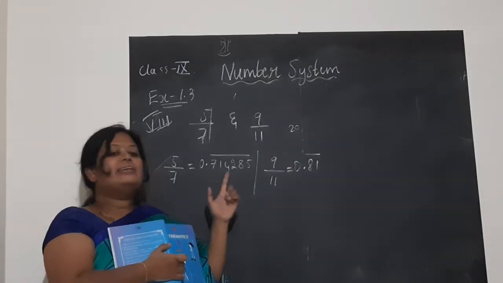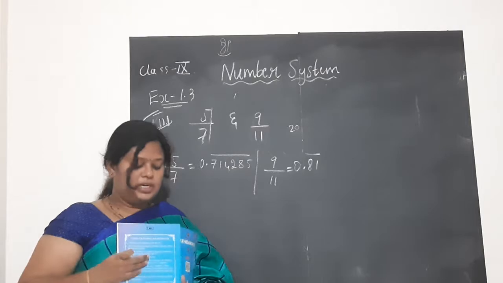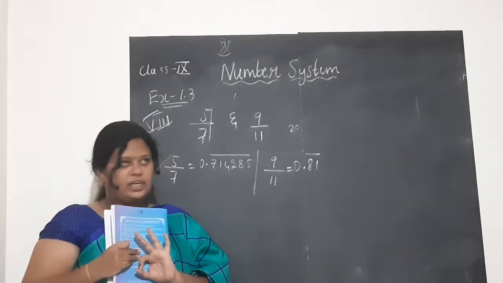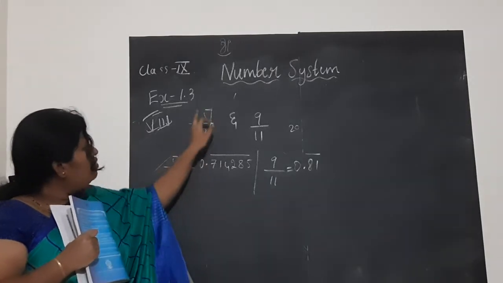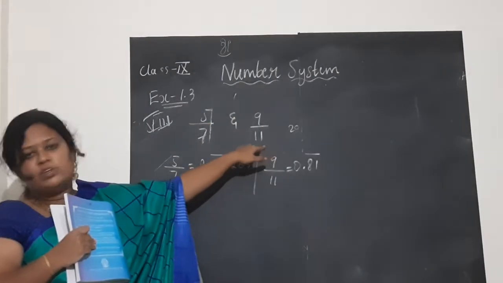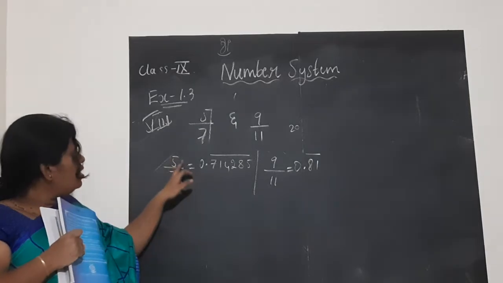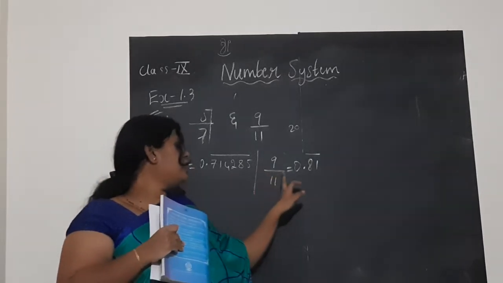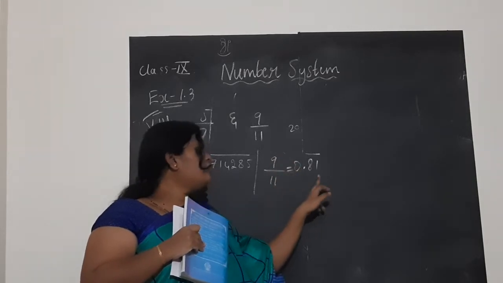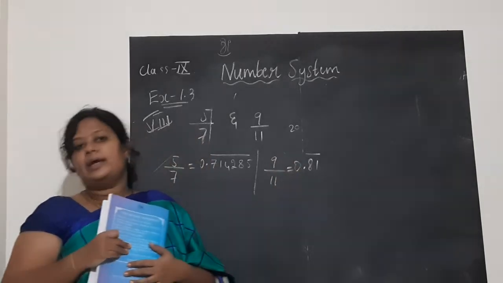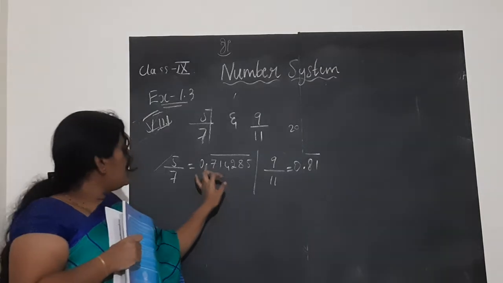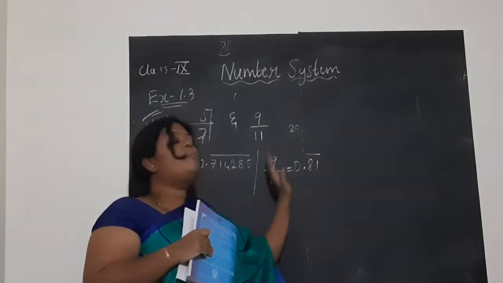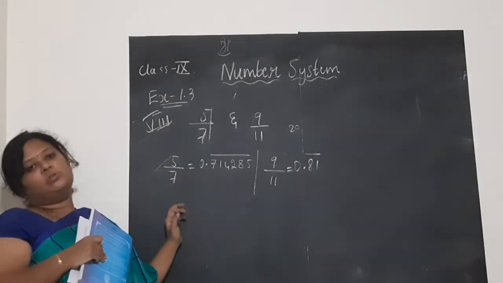We need to write irrational numbers. How many irrational numbers? Only 3. So 3 irrational numbers we need to write, which are in between 5 by 7 and 9 by 11, was the question. We found that the decimal expansion of 5 by 7 is 0.714285 bar and that of 9 by 11 is 0.81 bar. So in between, after 0.71, any number you can choose, below 0.81, any 3 numbers you can choose.